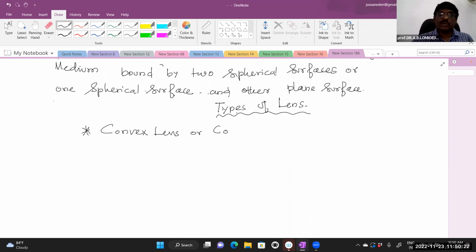The convex lens is also called converging. When the incident light falls on the surface of the convex lens, the light will be converged.